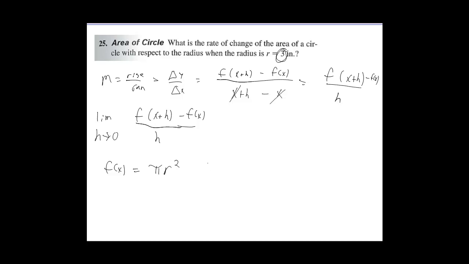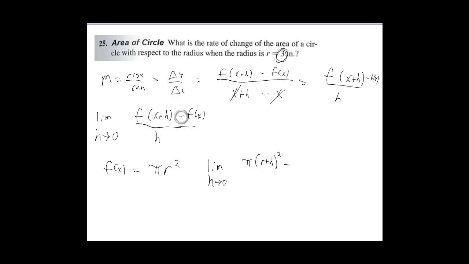We take the limit as h approaches 0 of our function evaluated at x plus h. So instead of pi r squared, you can do pi times r plus h squared. Remember, we're only squaring the r, so don't put pi and square that.